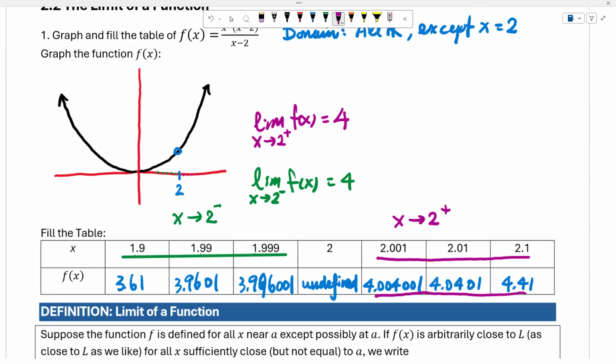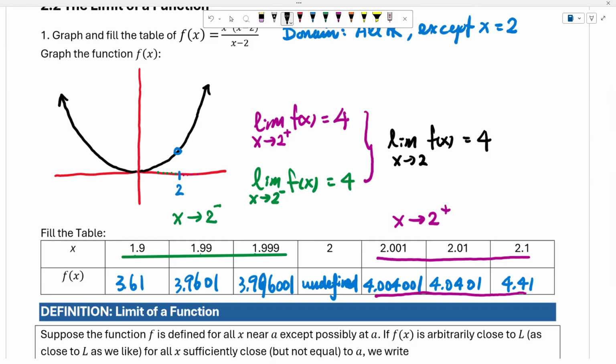Then, based on the result from the left side and the right side, we could make the decision that the limit of f of x as x approaches 2 must be equal to 4.